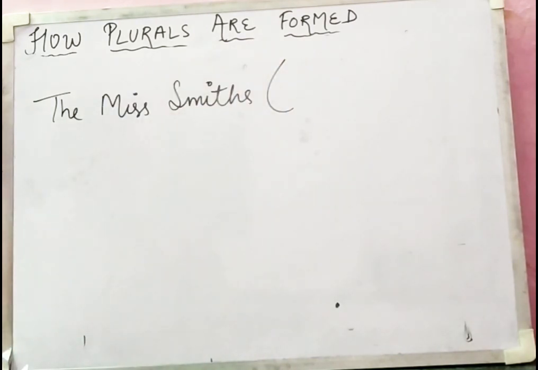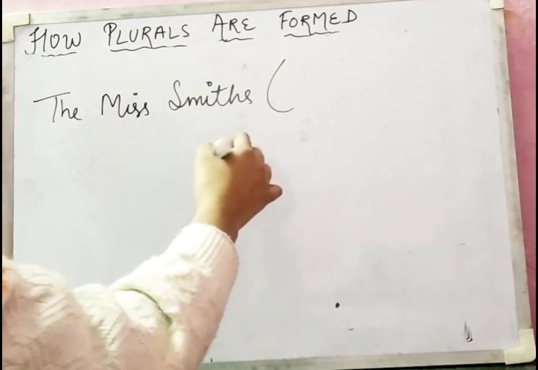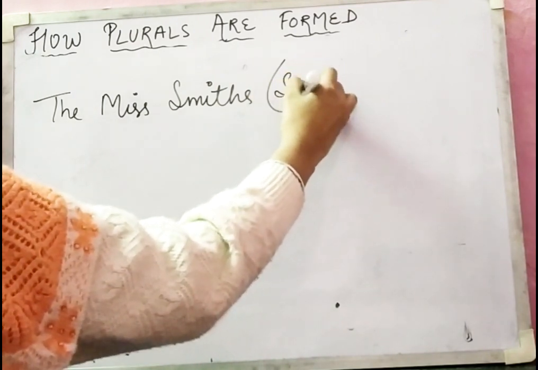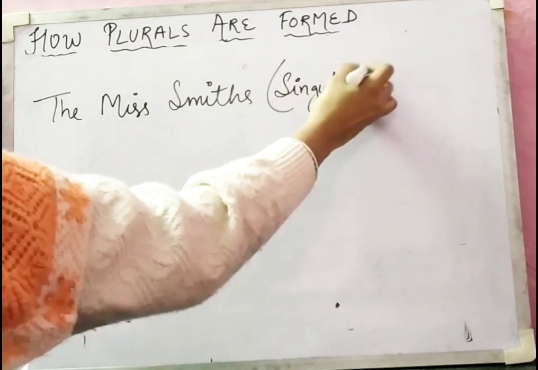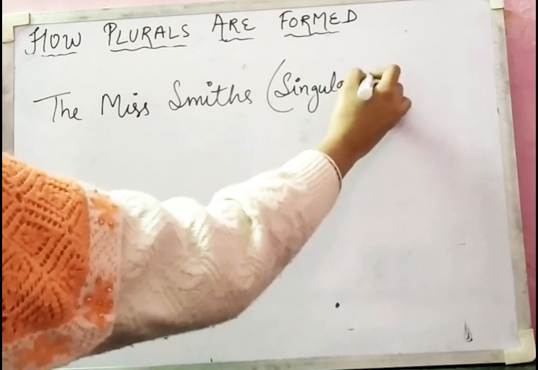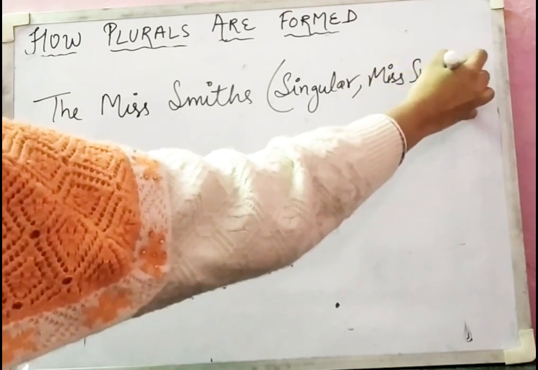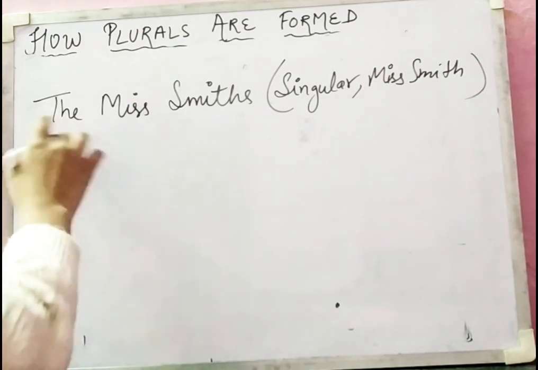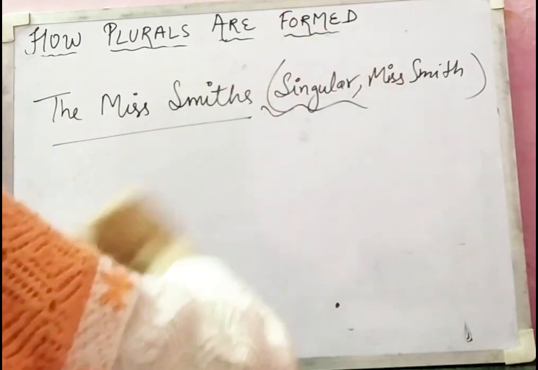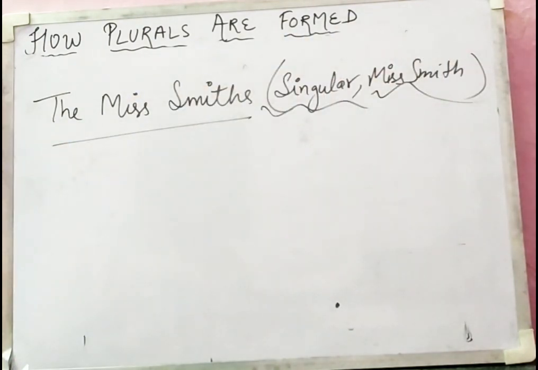Here you all know that Miss Smith means singular. We are talking about only one person, that is Miss Smith. So I think this is also clear to you that Miss Smith is a singular word.